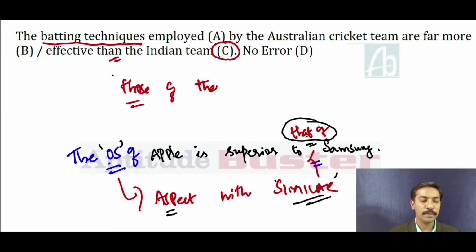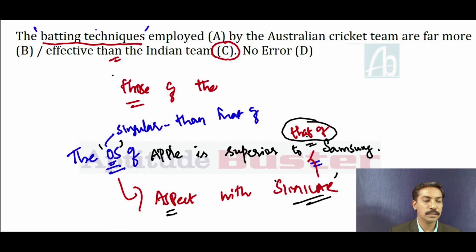If the element of comparison is singular, you would use than, that of. If the element of comparison is plural, you would say than, those of. Are we able to understand? Most probably, you won't be having a question to check the difference between than, that of, or than, those of. That is very much unlikely.